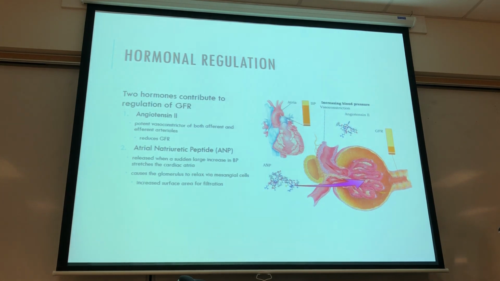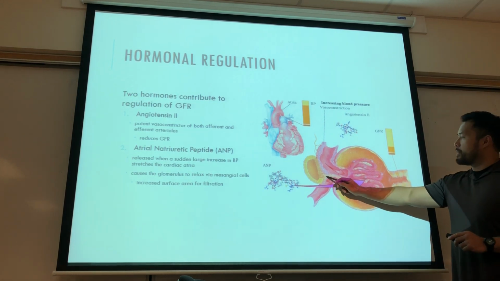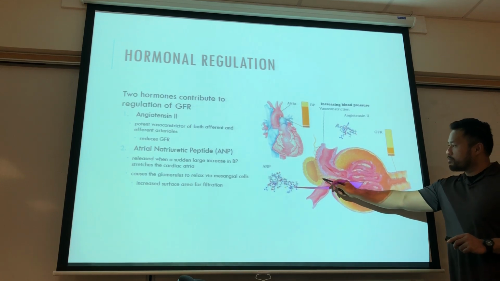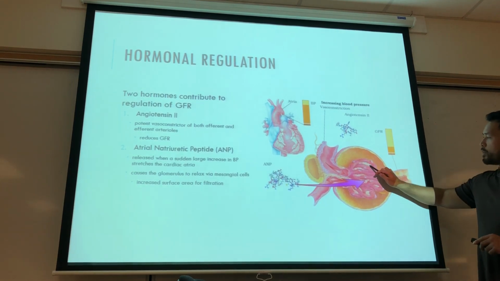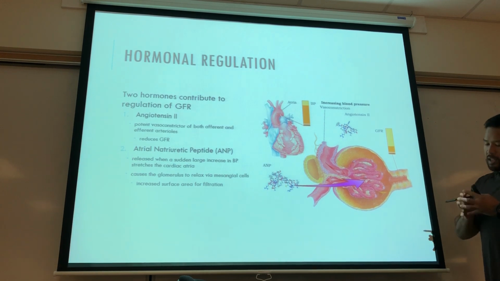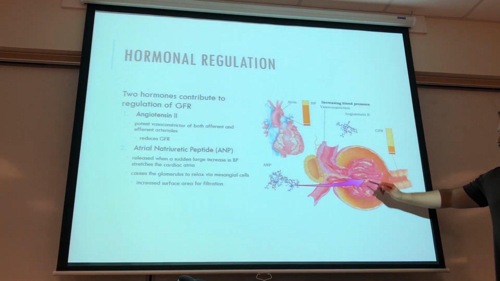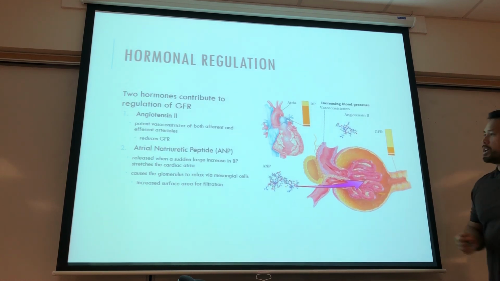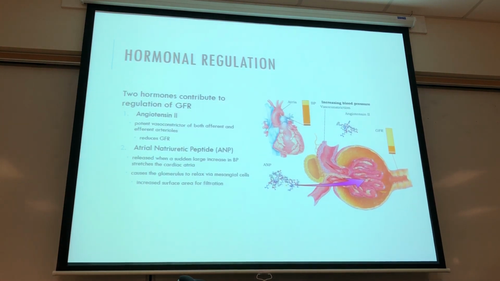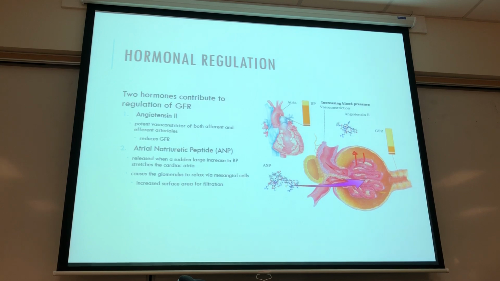It specifically works on the mesangial cells, and again, the mesangial cells are present in between the capillaries. So that's going to increase the surface area. It's going to open up as much of the capillaries as possible to increase the filtration rate. So this raises the GFR.